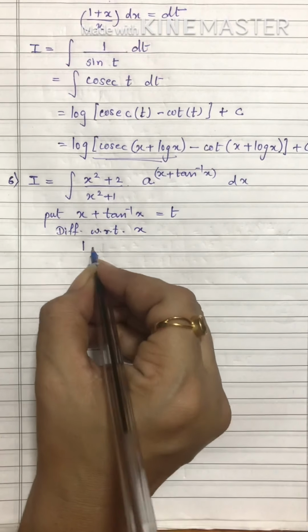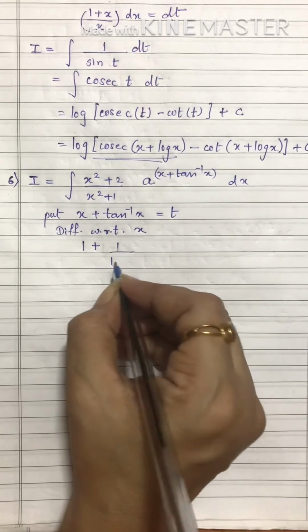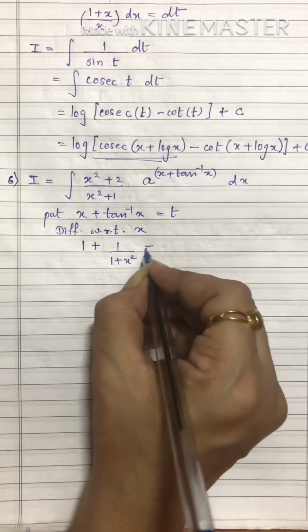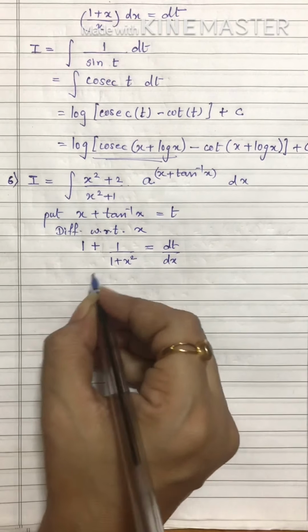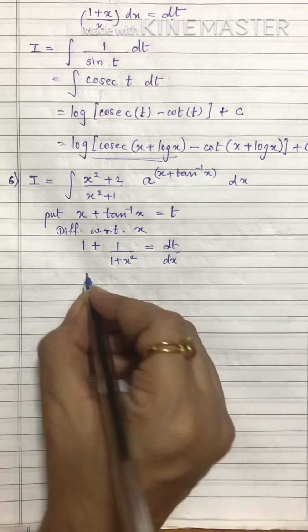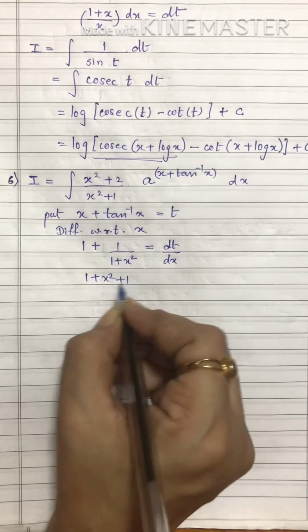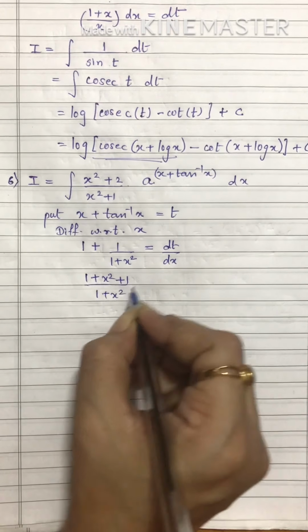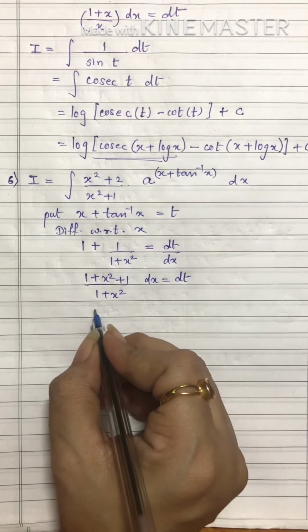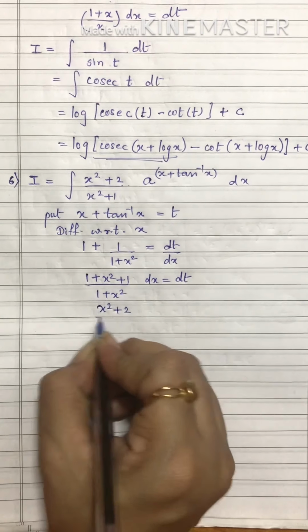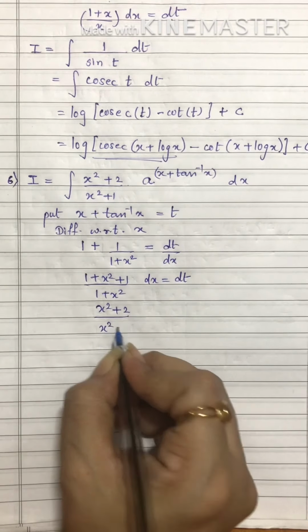You'll get 1 plus 1 upon 1 plus x square is equal to dt upon dx. This dx we will take here and cross multiply, so we get 1 plus x square plus 1 upon 1 plus x square dx is equal to dt, and here we get x square plus 2 upon x square plus 1 dx is equal to dt.